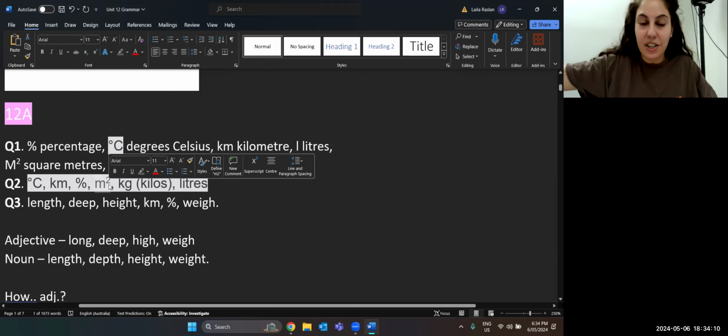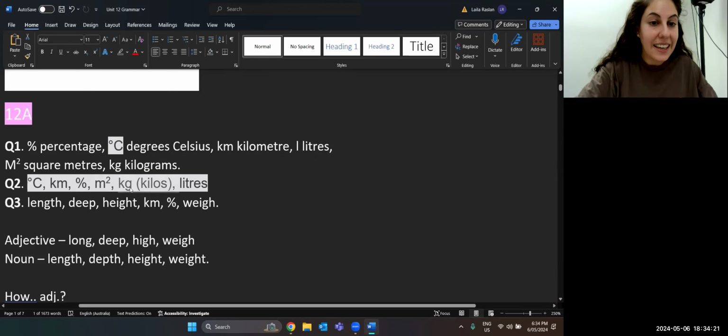So remember how much is land? We say square meter. Objects on the earth weigh less on the moon. For example, 100 kilograms. Now we can also say kilos. That's a short way to say kilograms. So you could say kilograms or kilos.